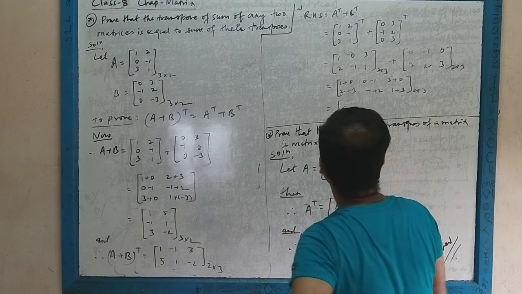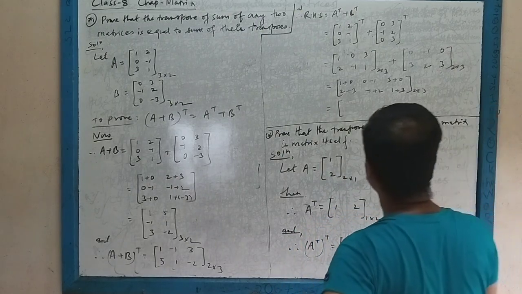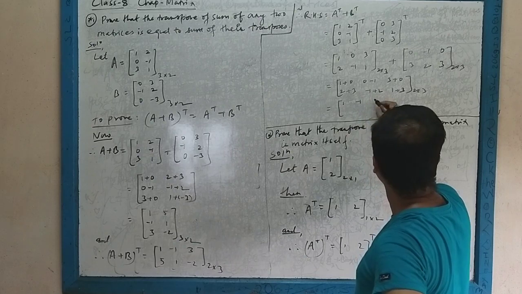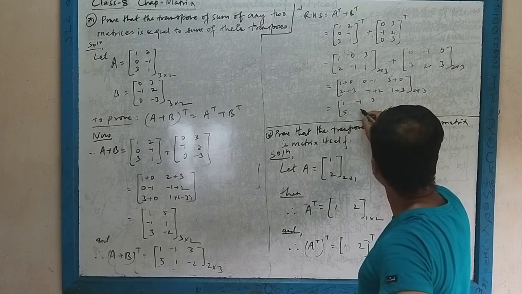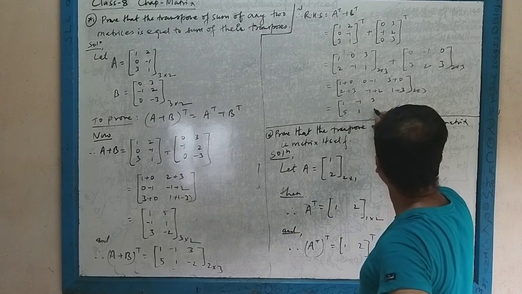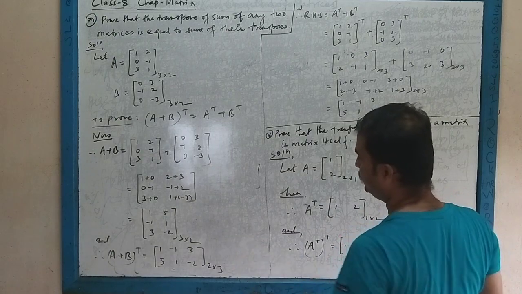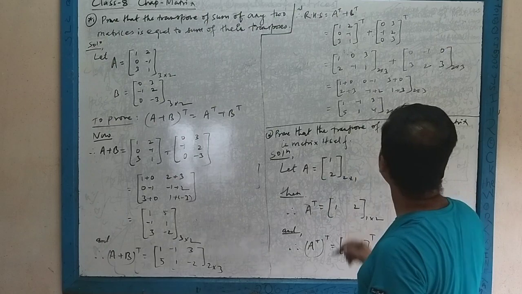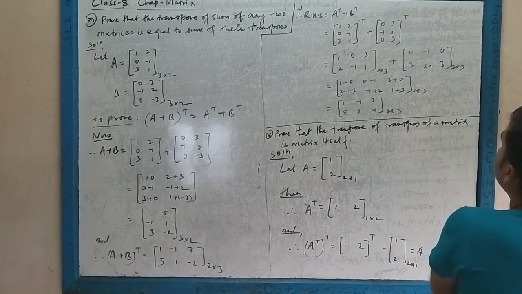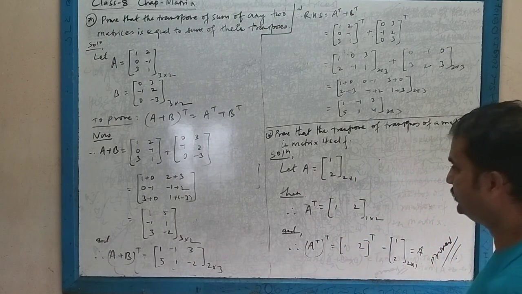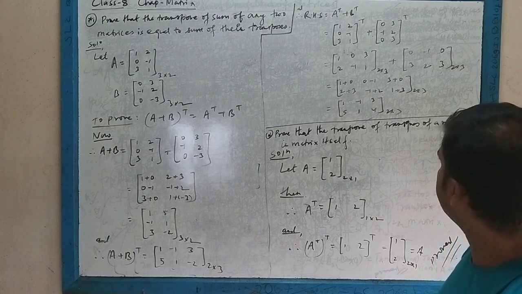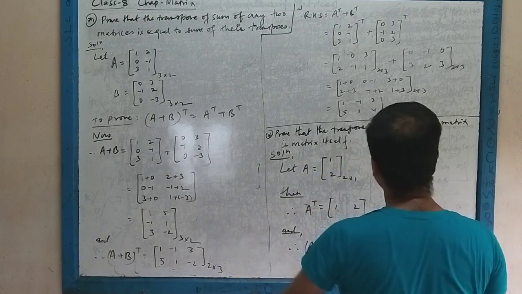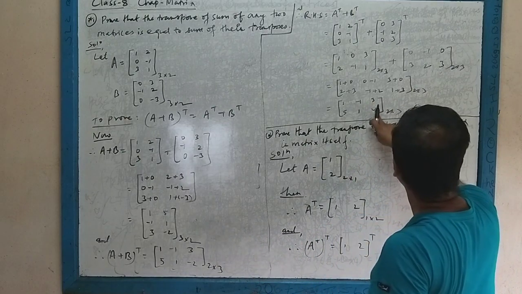So finally we get 1, minus 1, and 3, and 5, 1 and 4. That is 2 rows, 3 columns. Where is the mistake? When we have 1, minus 1 and 3, 5, 1 and minus 2, it is minus 4 here.